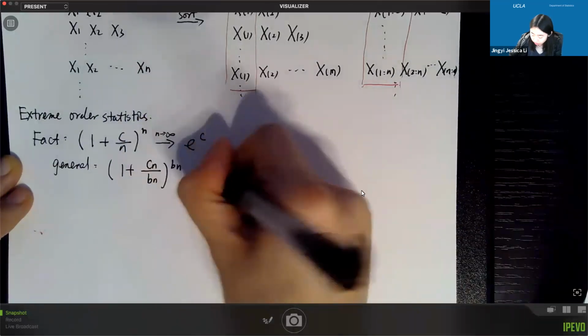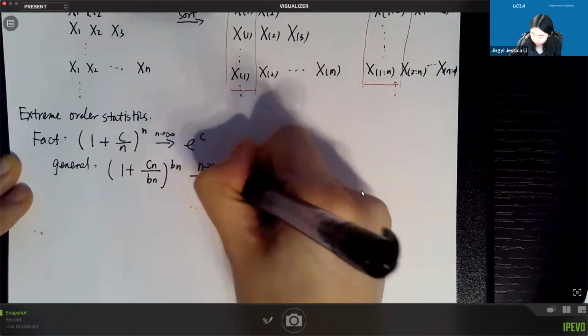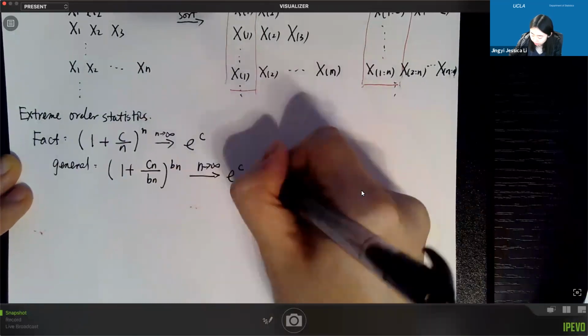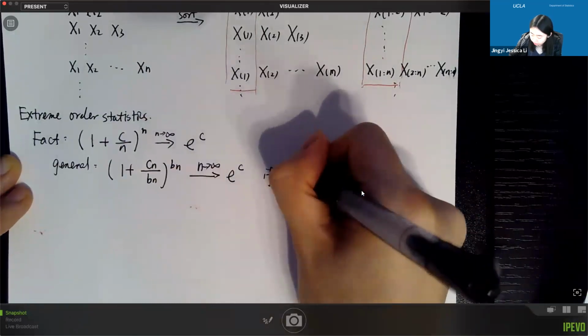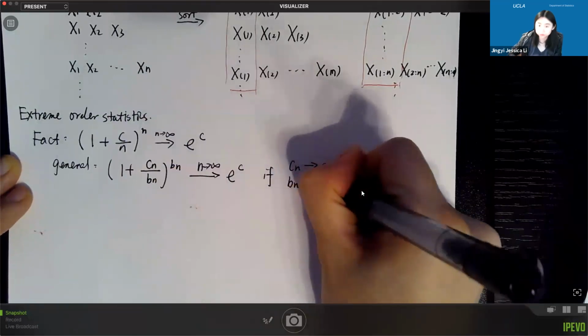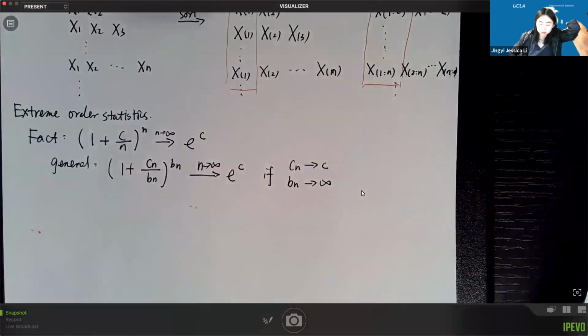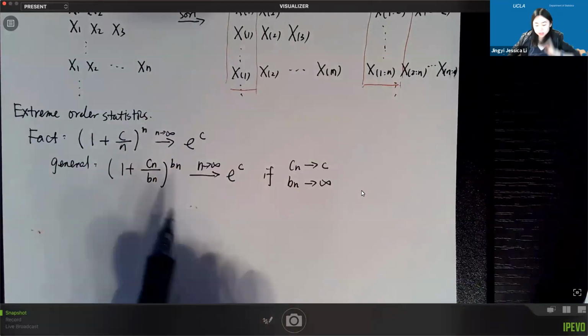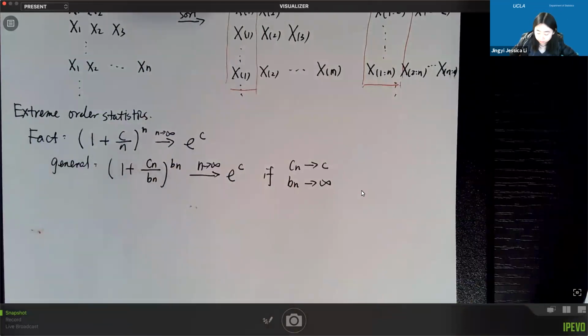This will also converge to e to the c if cn converges to c and bn diverges to infinity. So if we have those, we still have this convergence. That's the mathematical fact we're going to be based on.